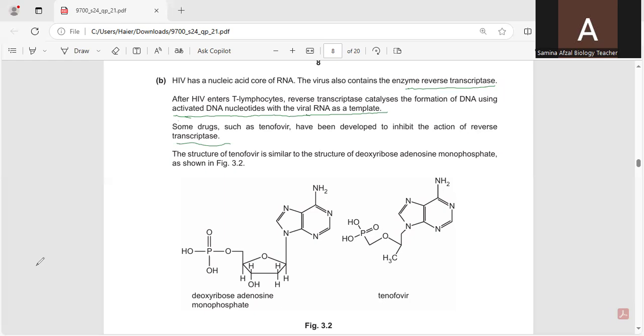So you can see the structures of tenofovir and deoxyadenosine monophosphate. Now we will move towards the question which they have asked.